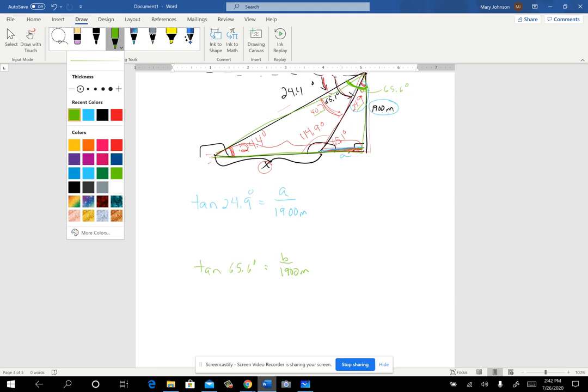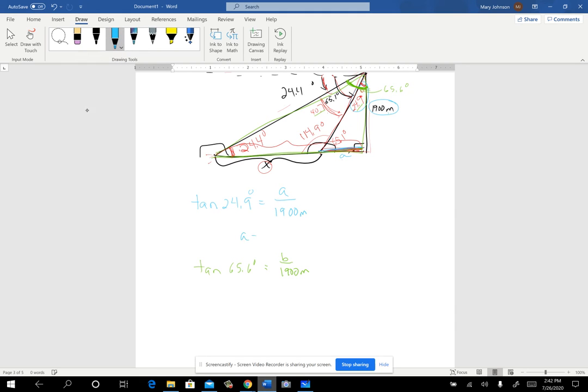All right, so let's finish both of those out. So little a would just equal 1900 times the tangent of 24.9 degrees, and B would equal 1900 tangent 65.6 degrees. So once I type in 1900 tangent of one of them, make sure you're in degrees.